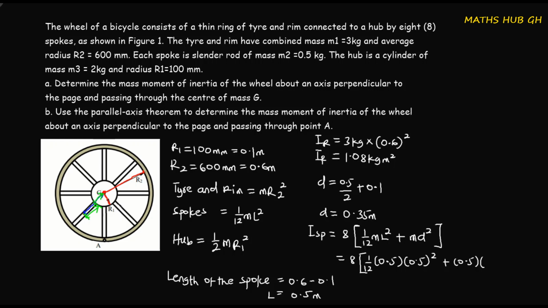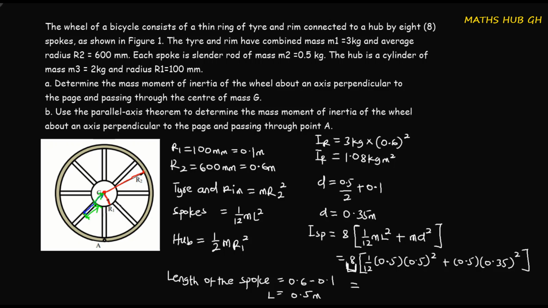So you have 0.35 squared. So I used 8 here because there are 8 spokes. So you have to multiply the mass moment of inertia of one spoke by 8 so that we get the total for the spokes.